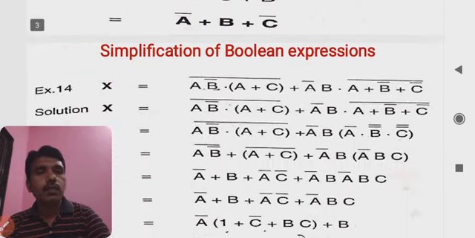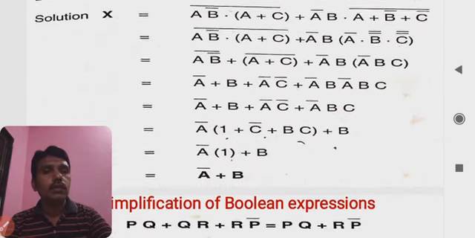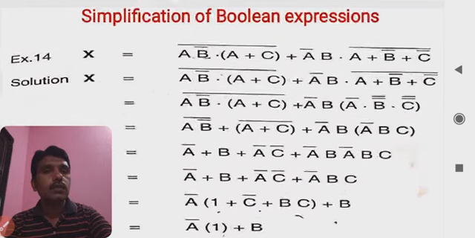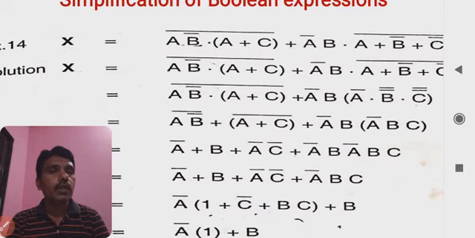Now let's move on to another example for simplification. If you look at this stage, here it is A B complement and A or C, or A complement B and A or B complement or C complement, whole complement.